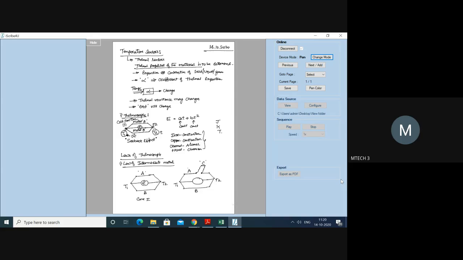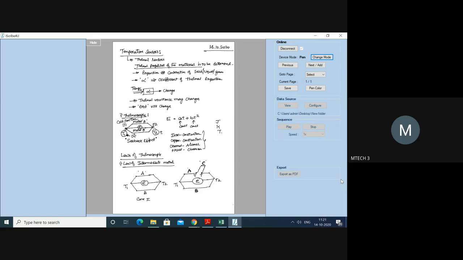The law of intermediate metal says, please understand carefully, that the presence or the addition of another metal C in the basic circuit, wherein you have metal A and metal B, will not have any impact on E, provided that the junction points at which you have joined the third metal are maintained at the same temperature value. Observe, you have added C somewhere in between the circuit.